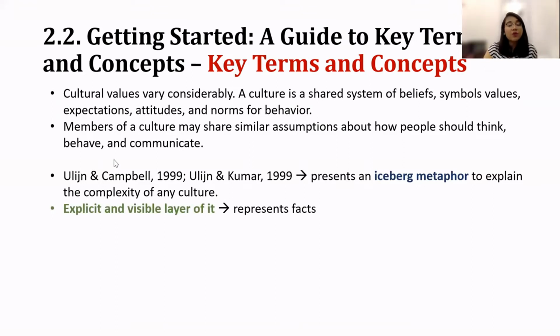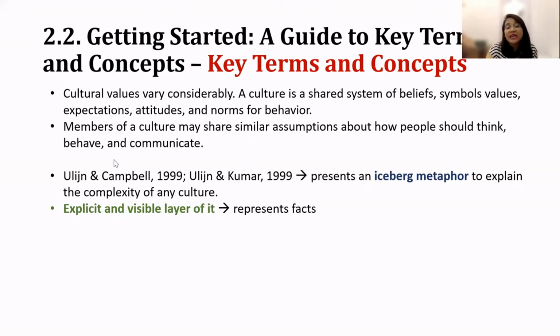So I believe that you know what an iceberg metaphor is, an iceberg like that. So there is a visible layer and an invisible layer. The visible layer is what we can see from the air, but the invisible one is under the water, right?